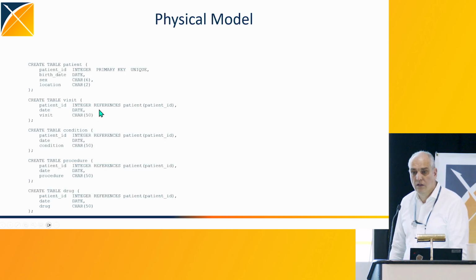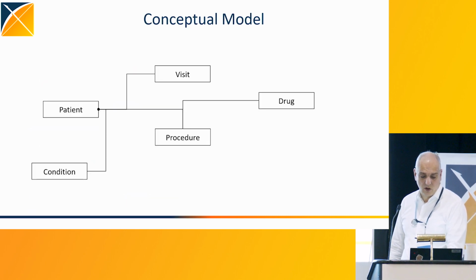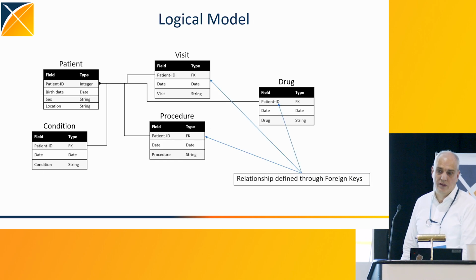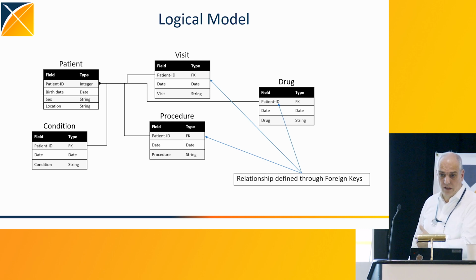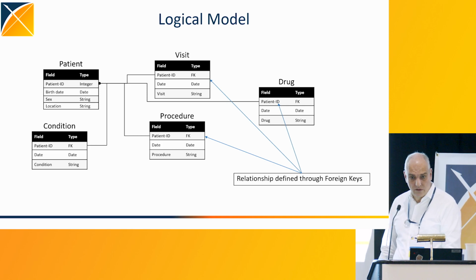Or the physical model, which is computer language to tell the computer, a little harder for people to read. In the conceptual model you abstract from the details, and in the logical model you have the details and the logic happening inside. The model doesn't contain data. The model just describes the data.